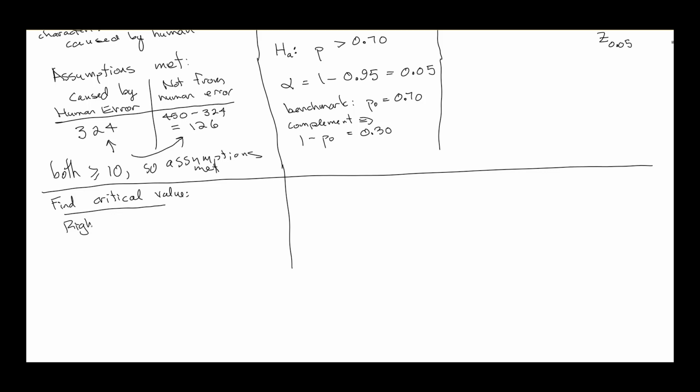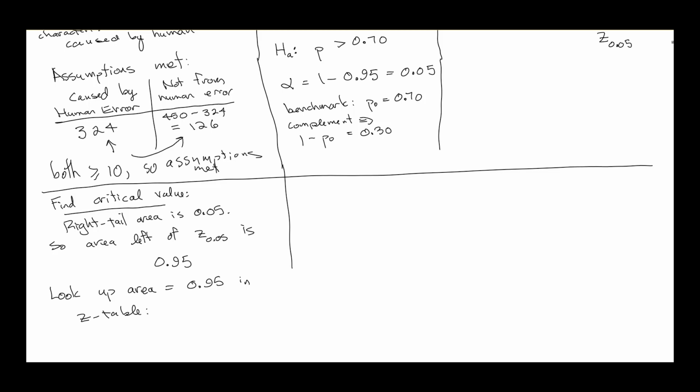So my right tail area is 0.05, and that tells me that the area to the left of my critical value is what? 0.95, because the area under the curve has to be 1 altogether. So we're going to look up area equals 0.95 in our normal curve table.